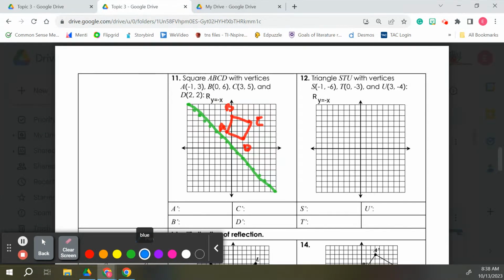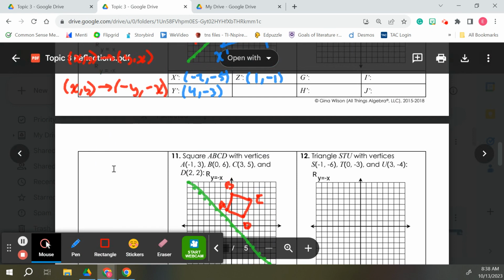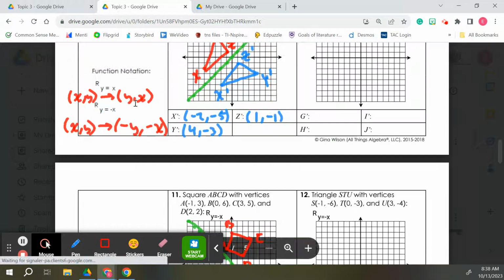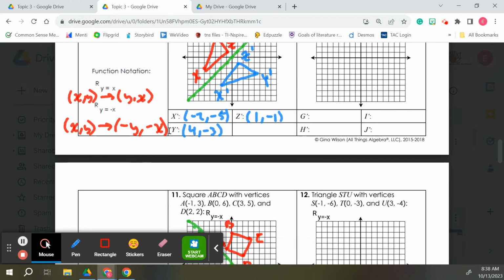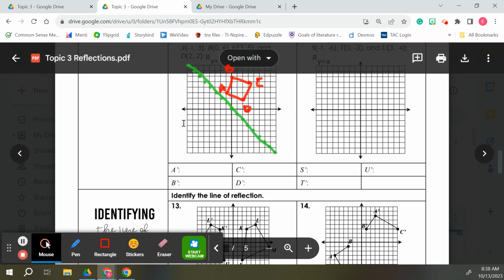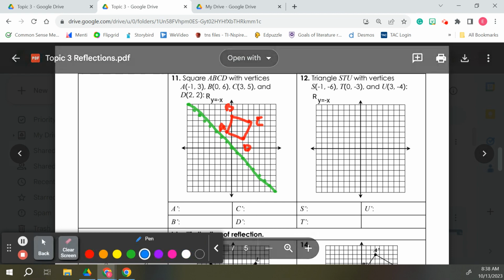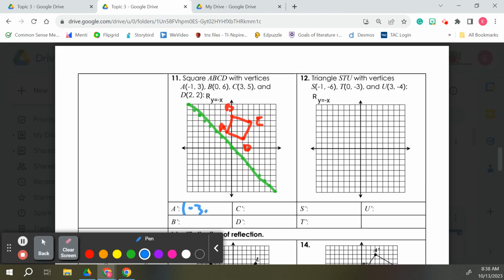Okay. So now that I have this plotted, I'm going to apply my rule. Now the rule states here that not only do the x and y flip, but they also become opposite signs. So in this case, for A prime, I'm going to have -3, +1. For B prime, I'm going to have -6 and 0, because 0 is neither positive nor negative. For C, I'm going to have -5, -3. And for D, I'm going to have -2, -2.